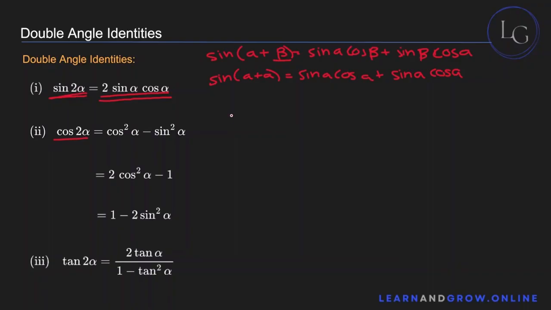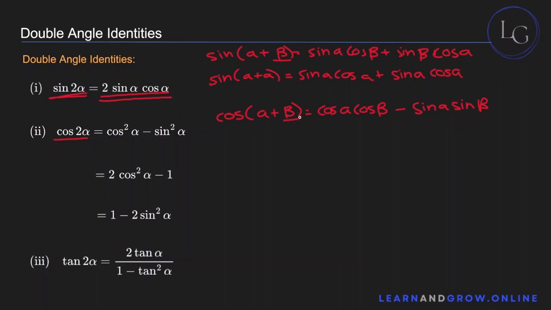You can apply the formula for cos(alpha plus beta) over here, right? Cos(alpha plus beta) is equal to cos alpha cos beta minus sine alpha sine beta.